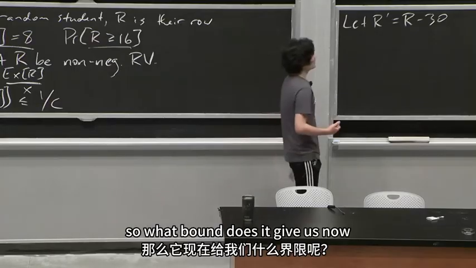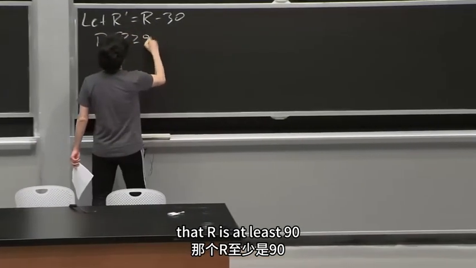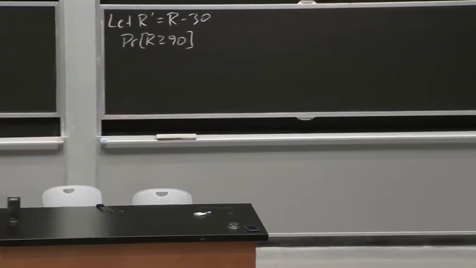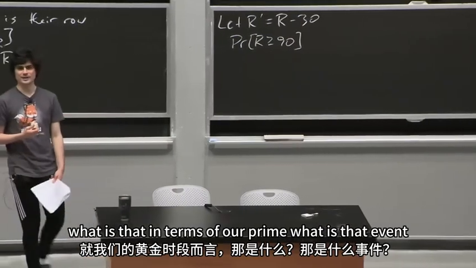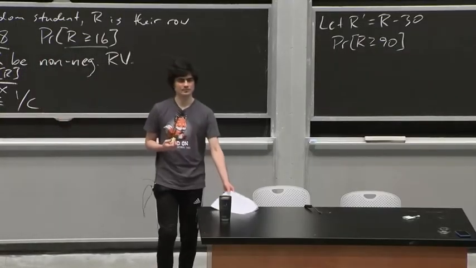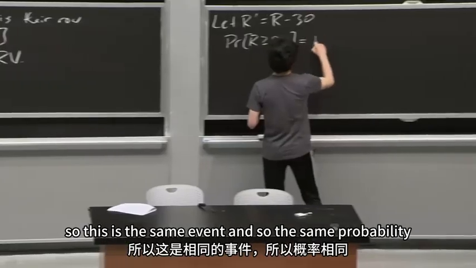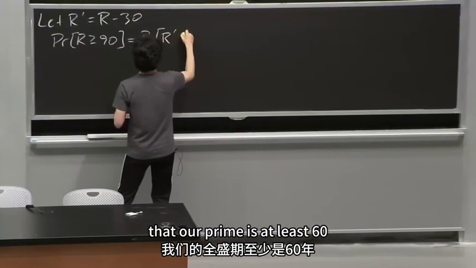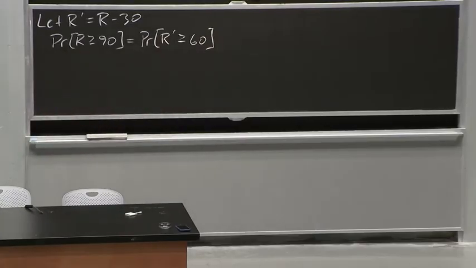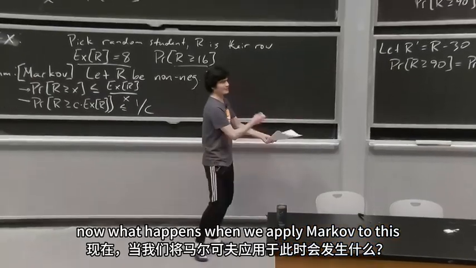So what bound does it give us now? What is the probability that R is at least 90? Well, what is that in terms of R prime? What is that event? Yeah. So this is the same event, and so the same probability that R prime is at least 60. Now what happens when we apply Markov to this?